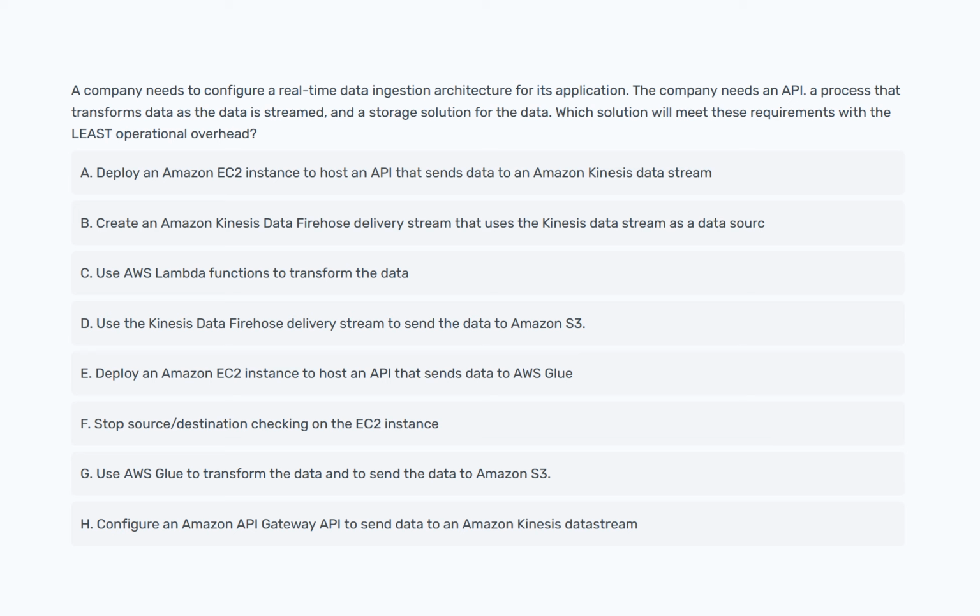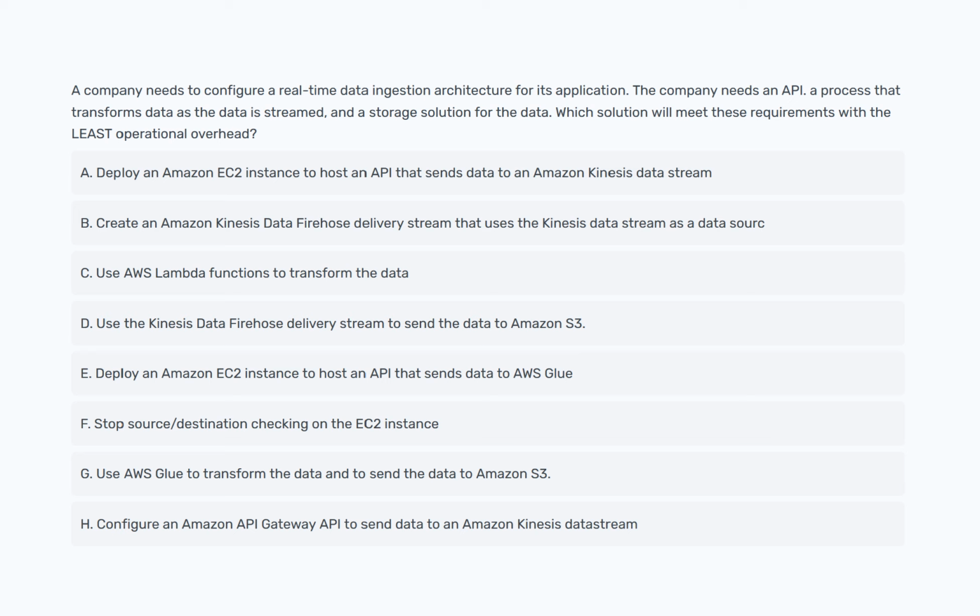And then configure Amazon API Gateway to send the data to the Kinesis stream. API Gateway, yeah, I think that one we need as well, right? Okay, so that will give us four answers, right?